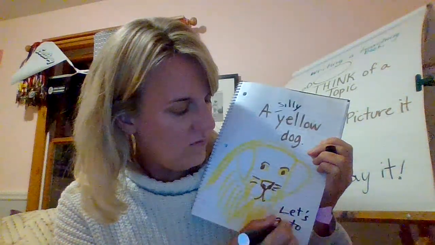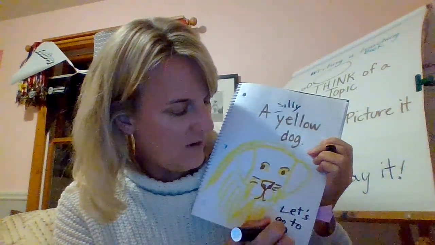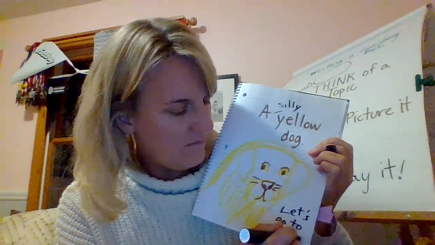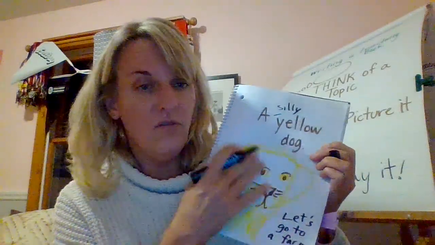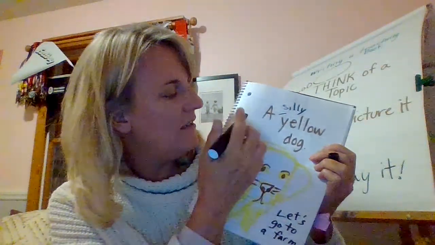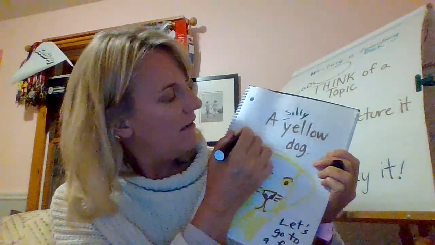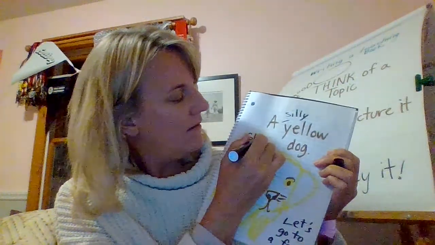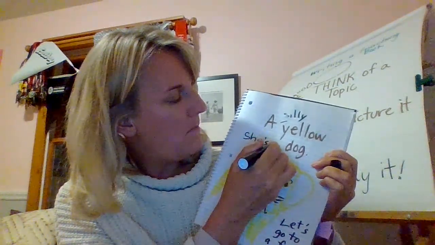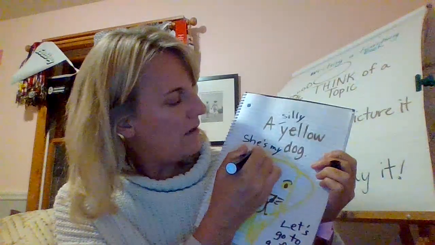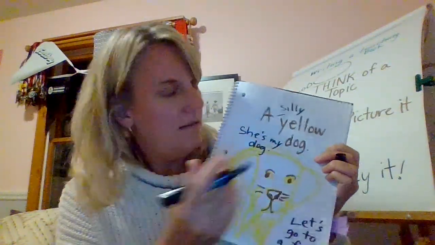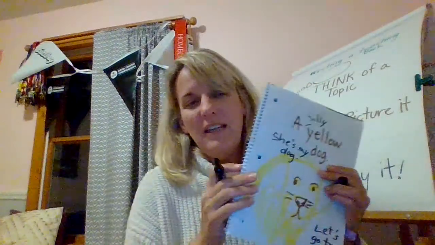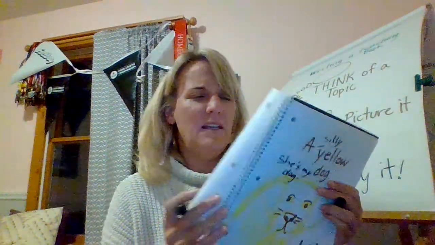Let's go to a farm. And boys and girls, I can even add a whole sentence up here about Daisy. I could say, she's my dog. She's my dog. There. So boys and girls, do you see how I took my book and I made it even better?